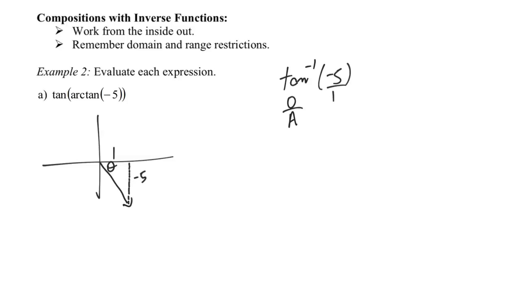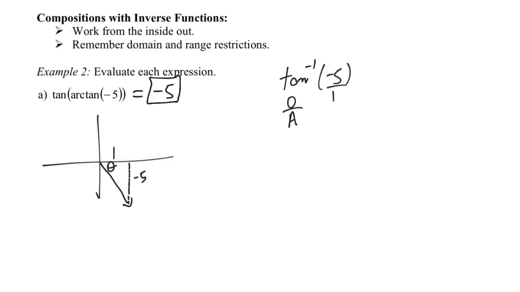And so I'm going to put that up on top since that is the adjacent side. And so now what I want to do is basically find what the tangent of this angle is. If I do the tangent of this angle, then that's going to be opposite over adjacent, and so -5 divided by 1 is going to equal -5.